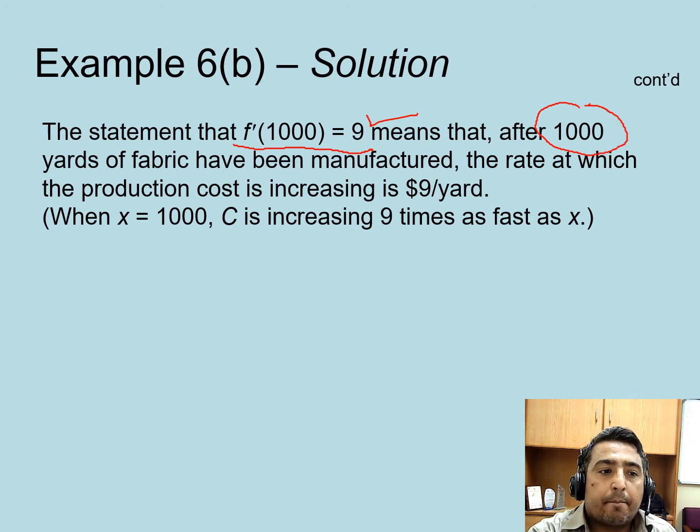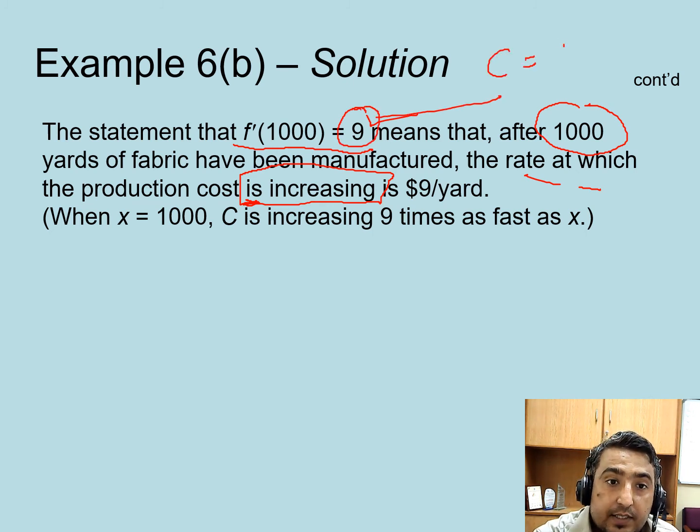Part B: the statement that the derivative at 1000 is 9 means that after 1000 yards of the fabric are produced, this is the rate at which production cost is increasing. This is not the production cost itself. The production cost was C equals f of x, and this is C prime, or f prime.